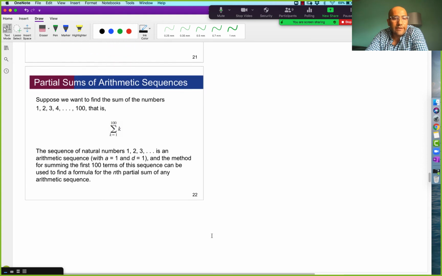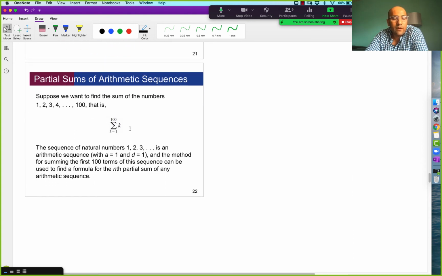We can express that using a sigma notation like this, to add the first 100 values. This is a very famous example that was given to a famous mathematician named Gauss when he was just a little kid, I think in the first grade.